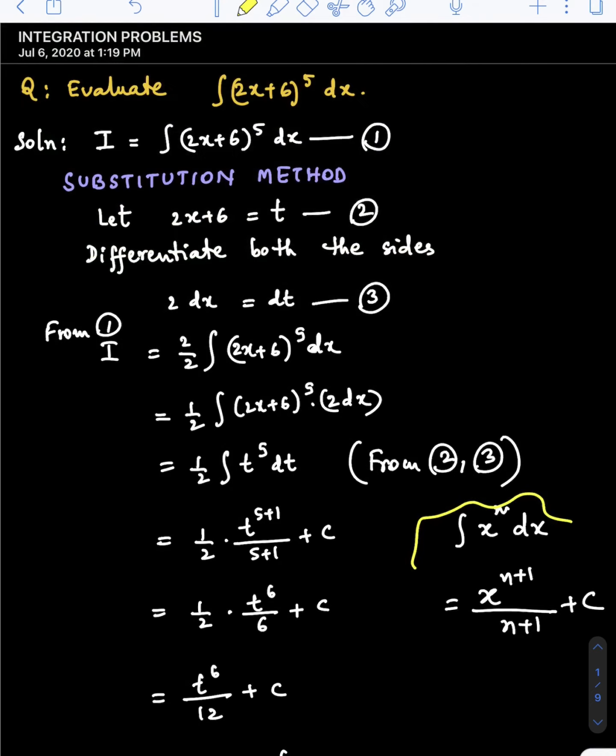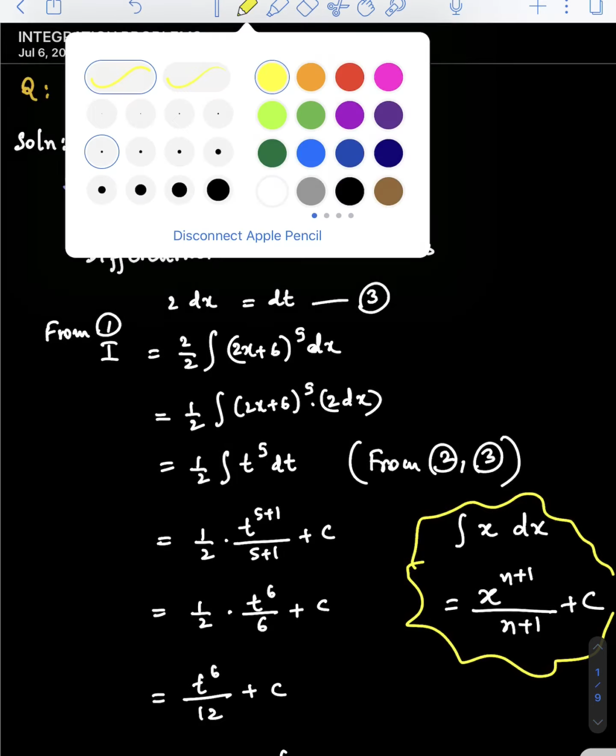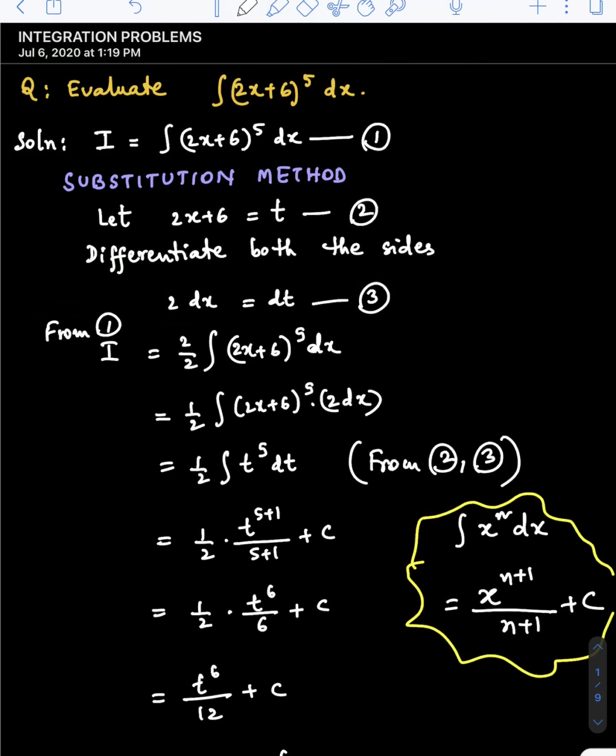This is one of the formulas used in this chapter, integration. So again I repeat it: integral x power n, where n is a real number, is x power n plus 1 by n plus 1. That is applied in this step.